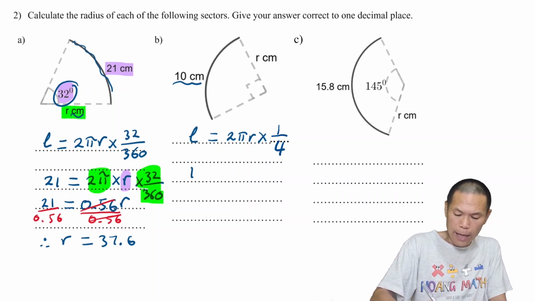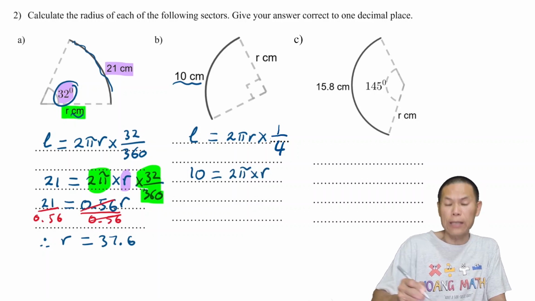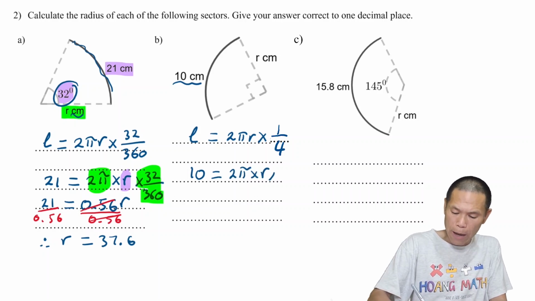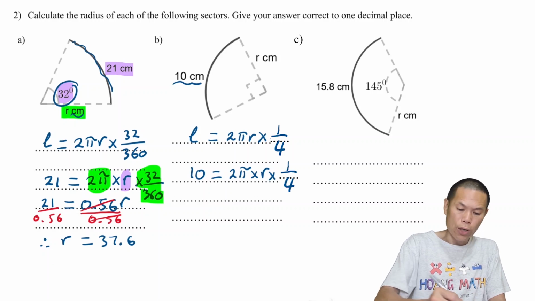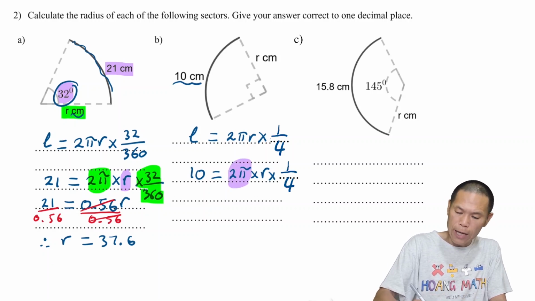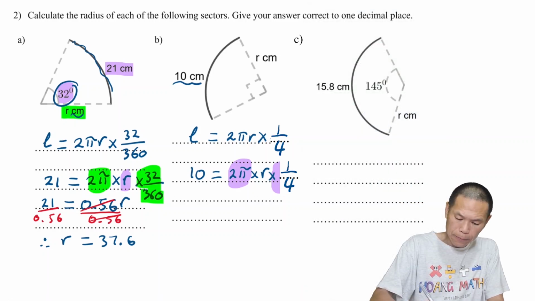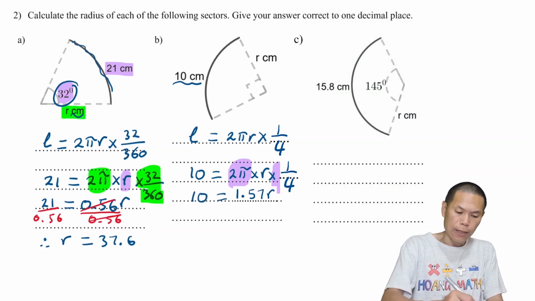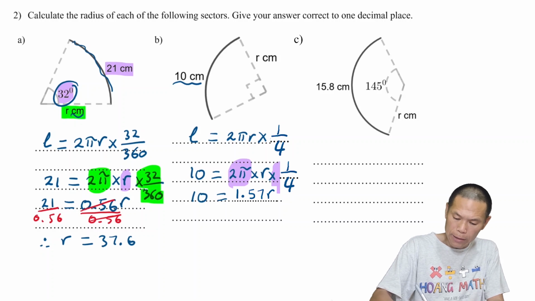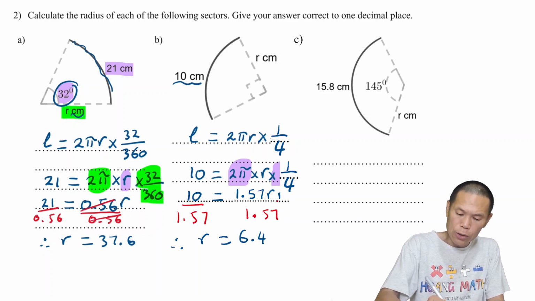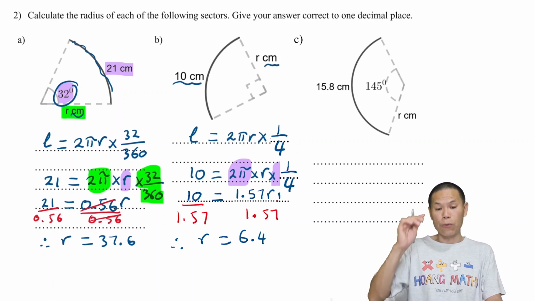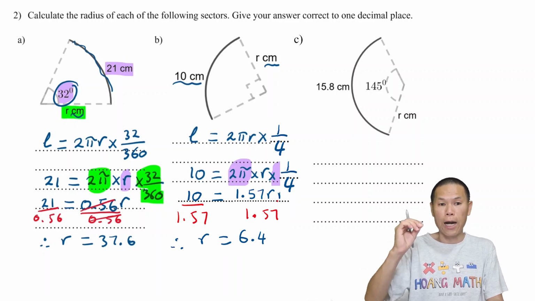So that is 10 equals 2 pi times the radius, you times by a quarter. So we just put this on a calculator: 2 pi times a quarter. First, 10 equals, and we just need to solve for it by dividing by that, and because it already has centimeters here, we just write the value of r.